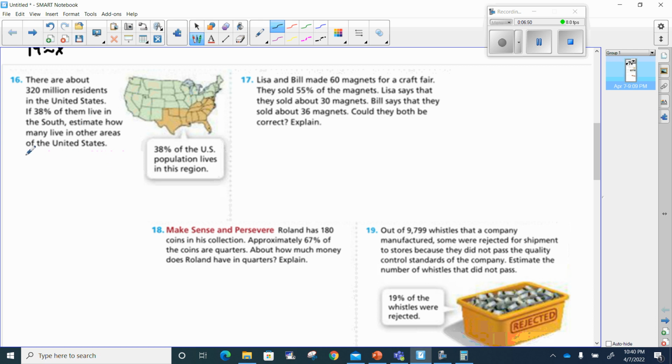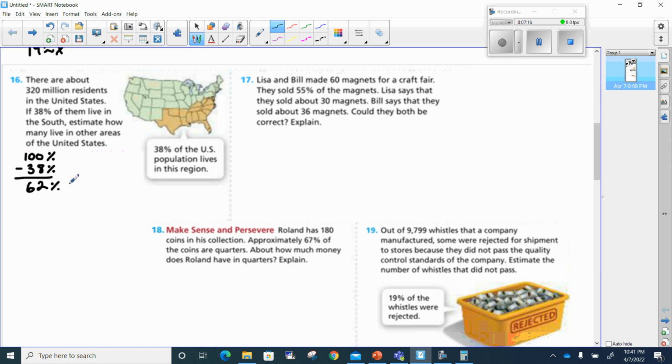I would have to take 100% of the population and subtract 38%. That's going to leave me with 62%.